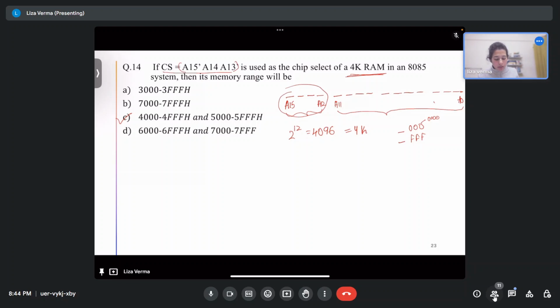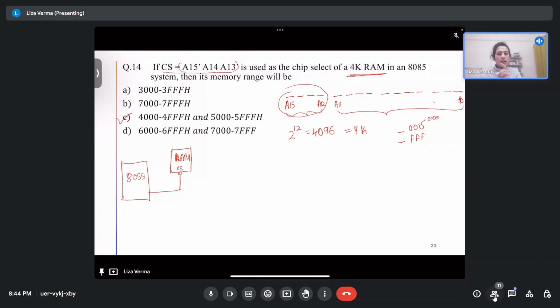If this is the RAM, and this is chip select, this signal comes from the 8085. First, we need to know whether this chip select is enable high or enable low.